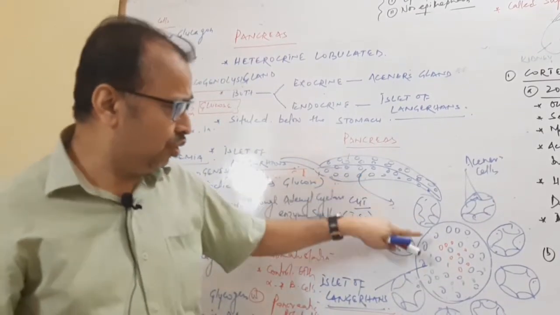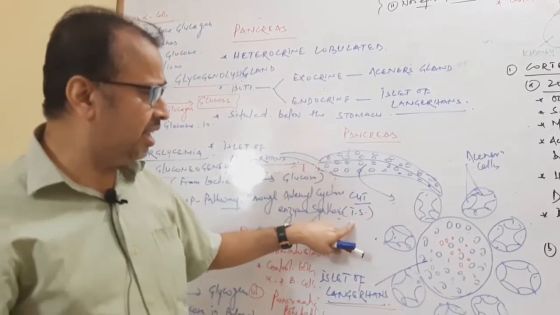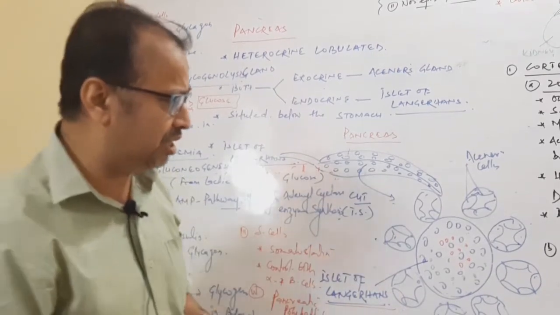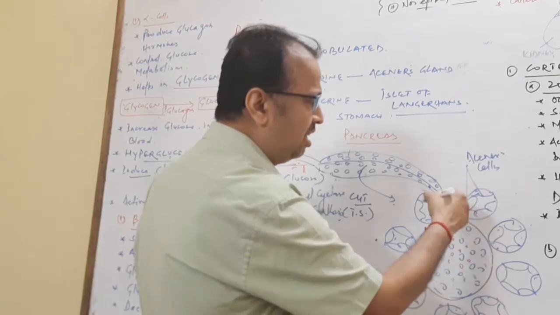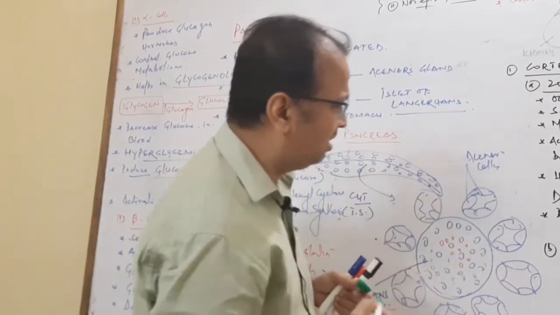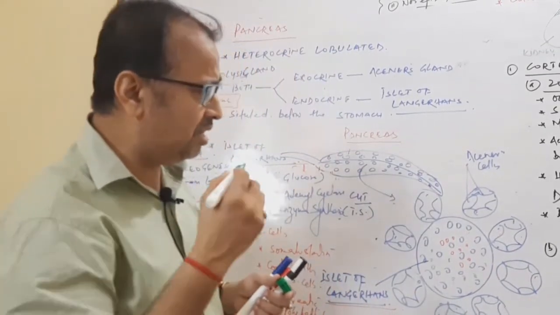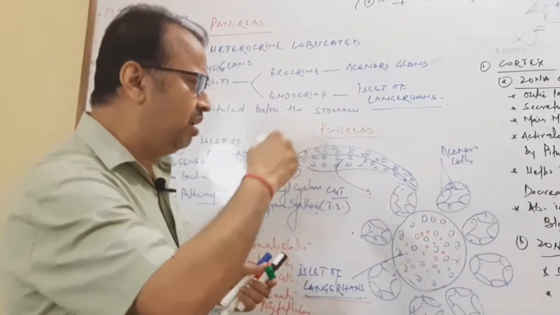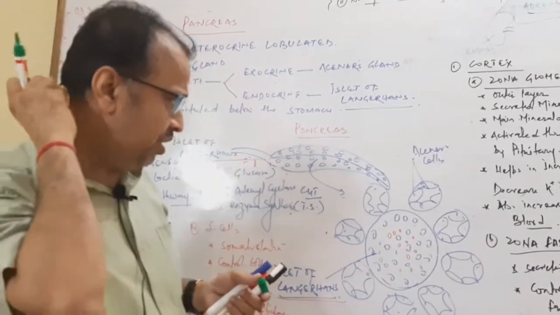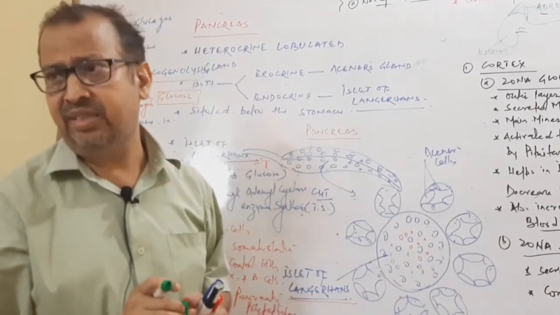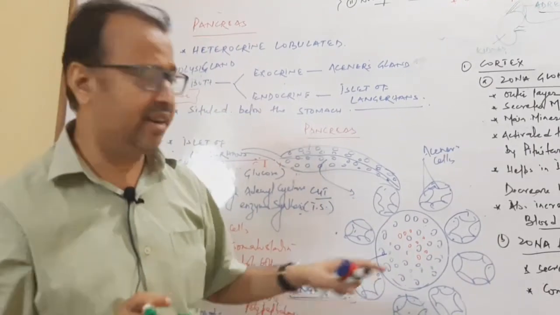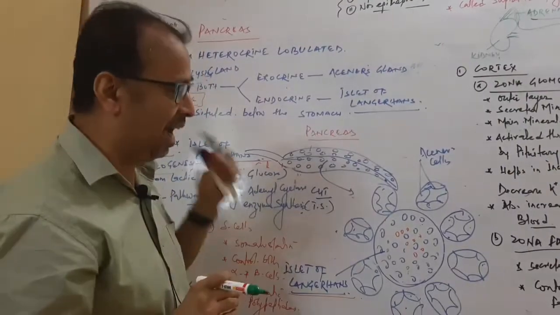So, we cut the TS of the pancreas. In transverse section, there are many acinar cells, about 90% acinar cells are present, which surround the endocrine glandular structure called the islet of Langerhans.